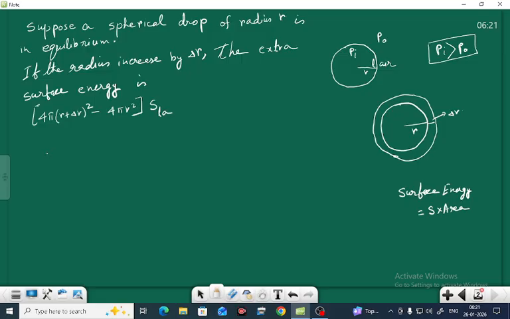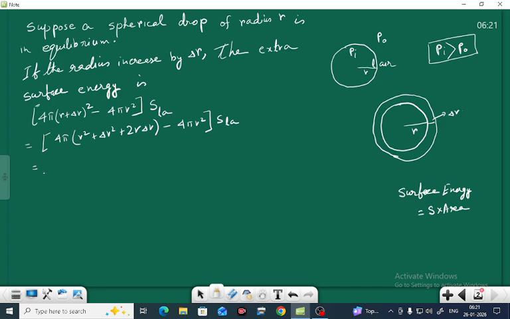So if we calculate this one, what we'll get? Take common, it will be 4 pi, (a plus b) whole square. We will apply the formula. So we are getting r square plus del r square plus 2r del r, minus 4 pi r square, into S_LA, liquid air interface.